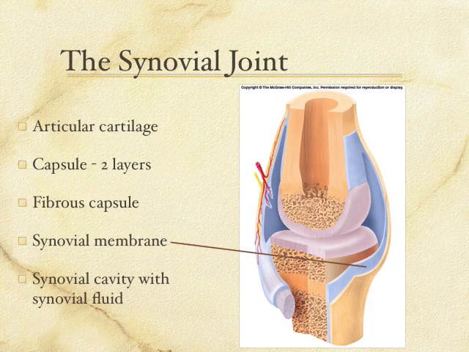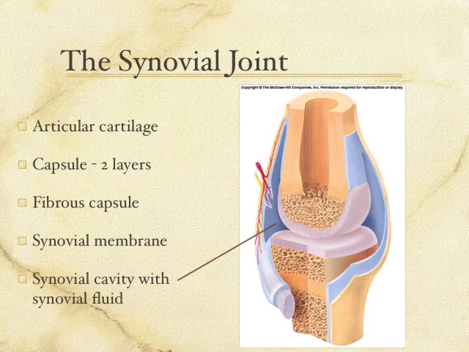The joint provides its own lubrication. So I've got what I would consider to be a cavity, an empty space in and around. There's space between the two bones. There's spaces in here.